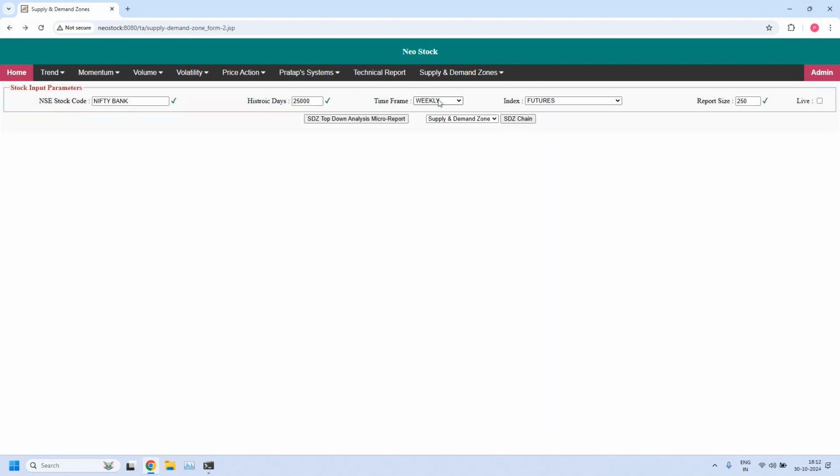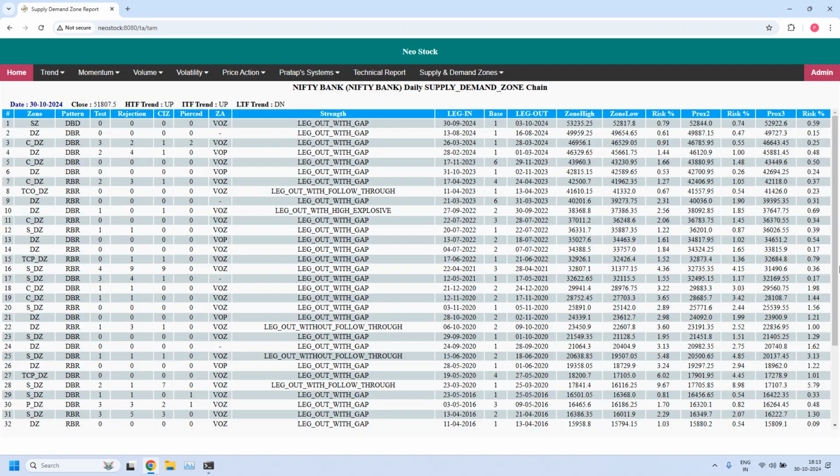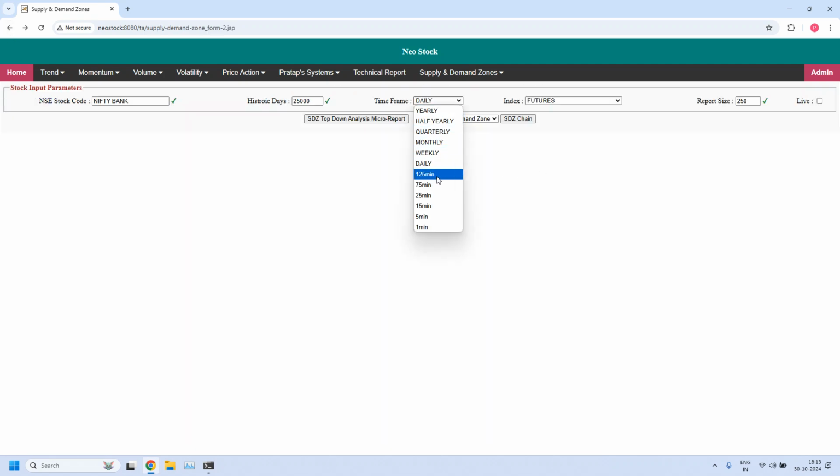Next time frame is daily, generating daily supply demand zone chain for Bank Nifty. Next time frame is 125 minutes, generating 125 minutes supply demand zone chain for Bank Nifty.